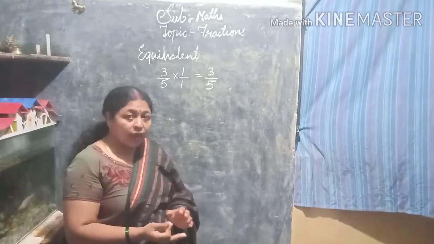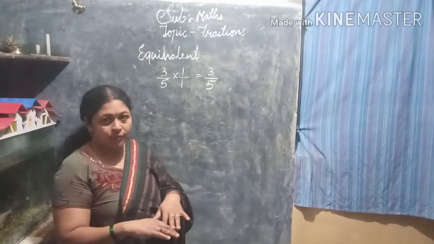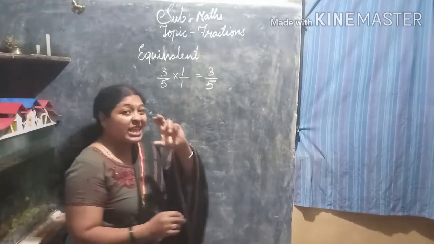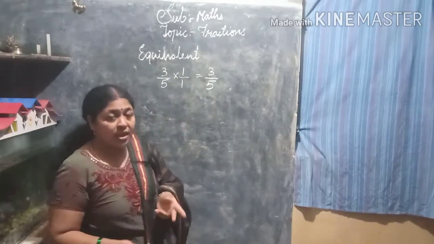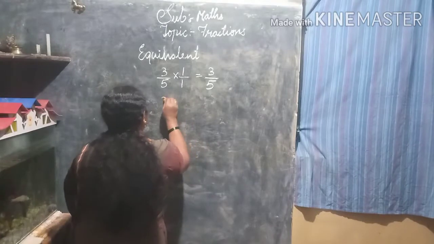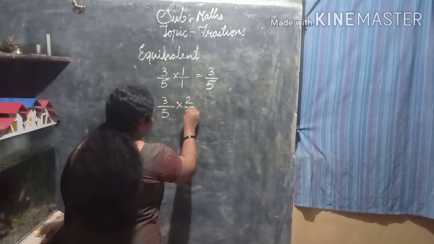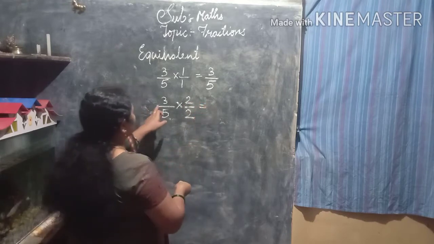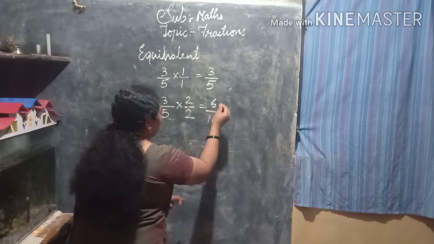It is difficult for the person who reads it, and also for the person who does it. So we'll go from the least number. Apart from 1, which is the least number for us, we'll take 2. Let us take 3/5, multiply with 2. 3 2s are 6, 5 2s are 10.